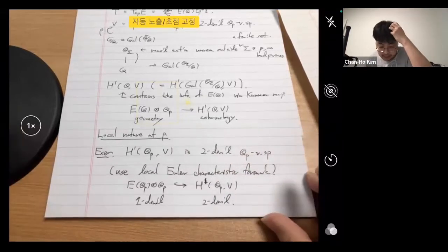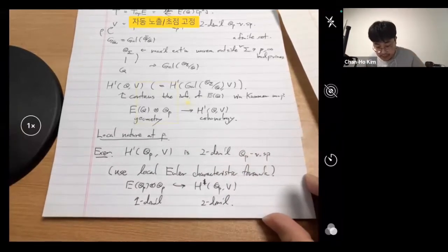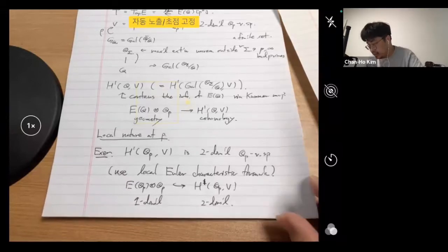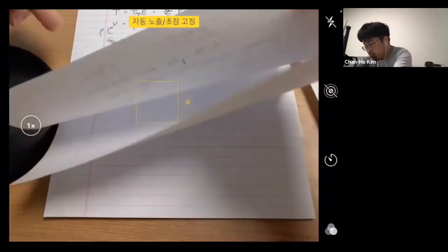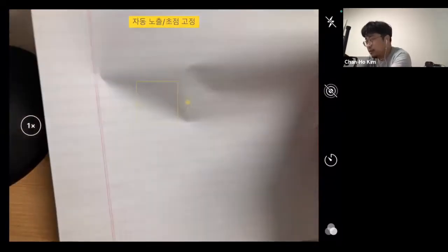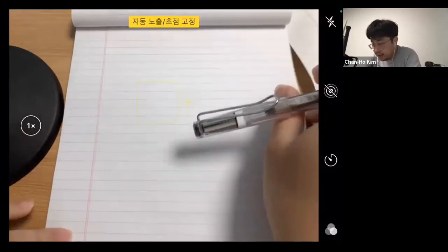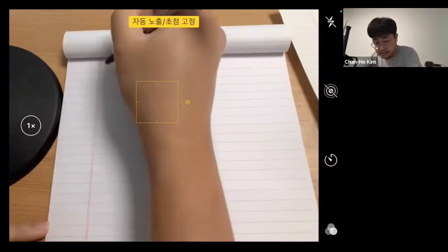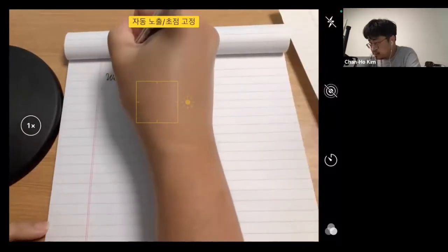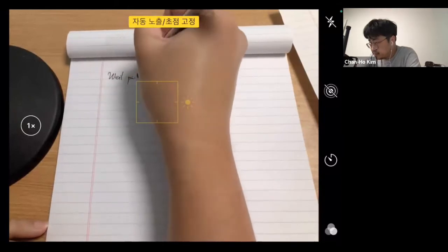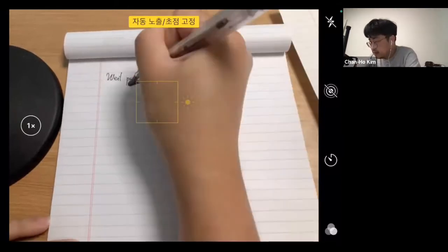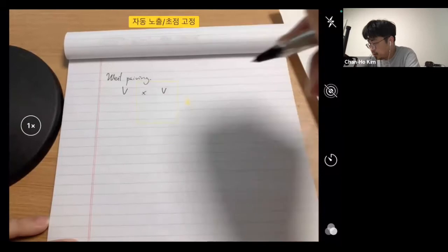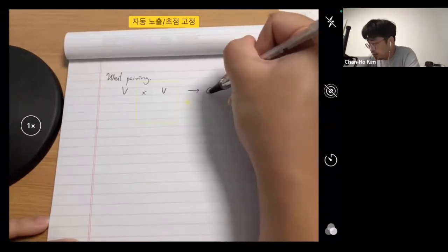Okay, and now we'd like to introduce some pairing. First, for the elliptic curves, we have the Weil pairing, V cross V to Q_P(1).